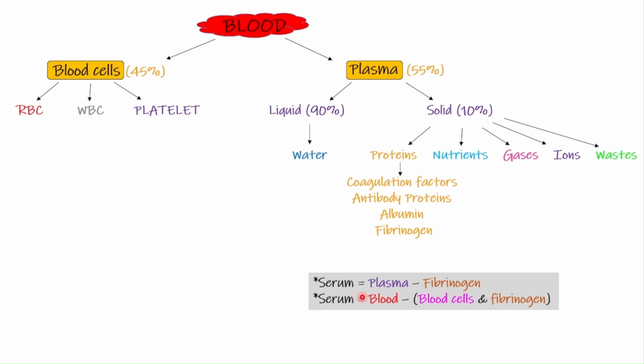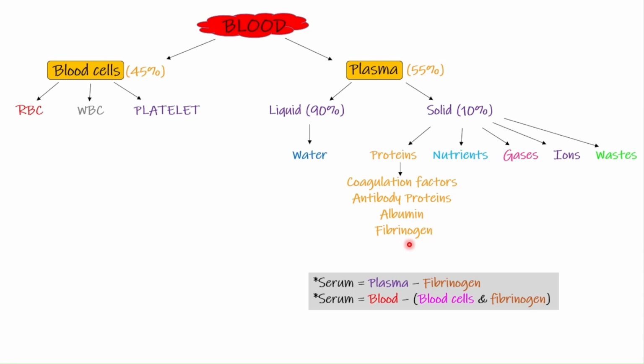Whenever you have an injury and the blood clots, the blood clot involves the blood cells, and along with the blood cells, fibrinogen is also trapped or used in the blood clot.